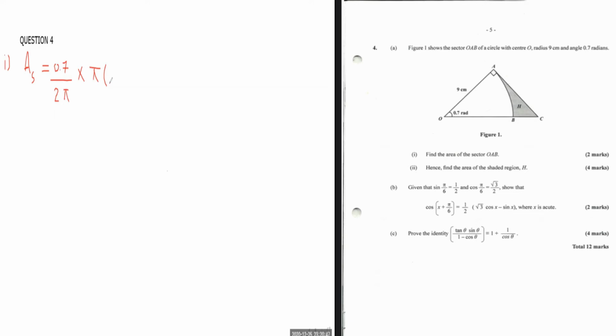And the radius it says is 9. So this will give us the area of the sector. So we get 0.7 divided by 2 multiplied by 9 squared. That's 28.35 pi.